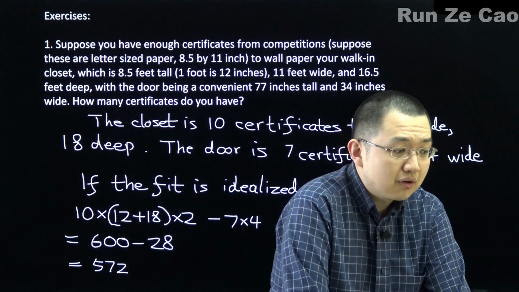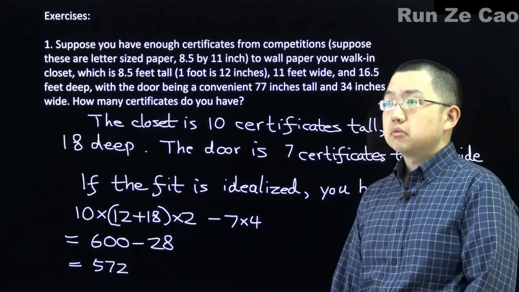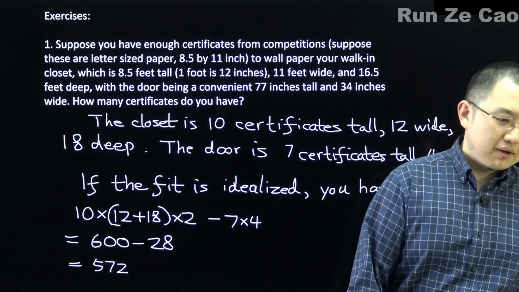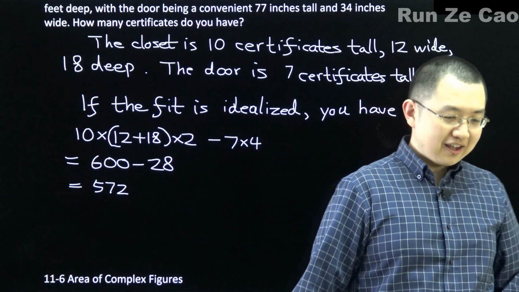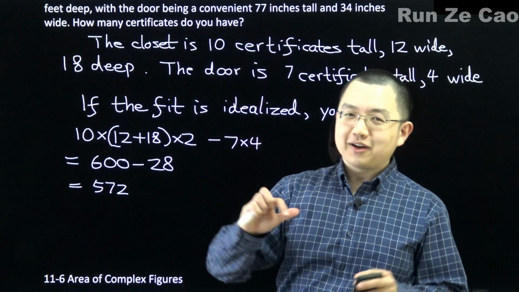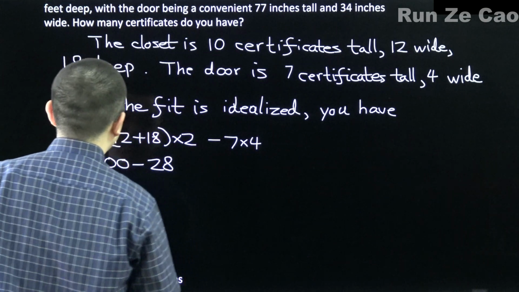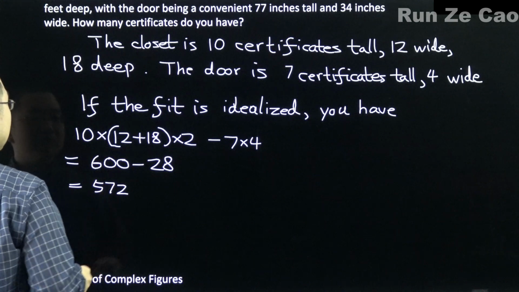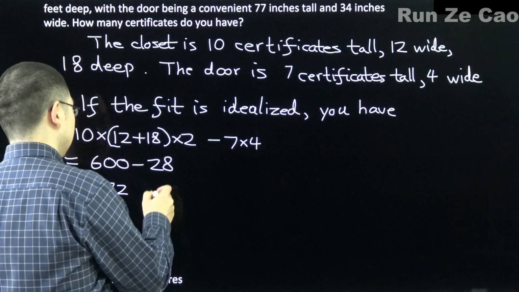It's like 5 meters deep. This is a small bedroom, pretty much. So yeah, if I had the right sort of frames, I could probably cover the walls of a small walk-in closet with my certificates. But as is, if you're just using bare papers, 572 is a bit ridiculous.